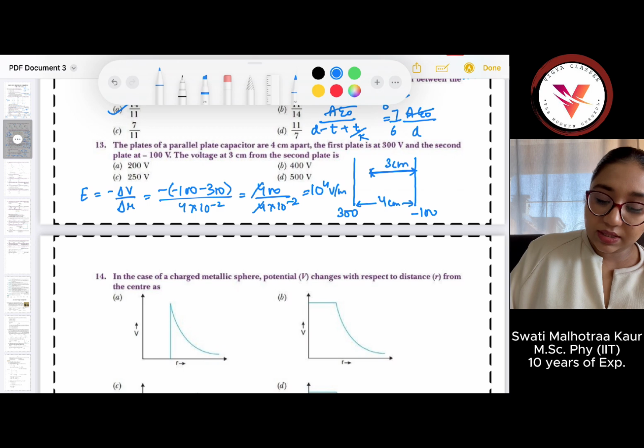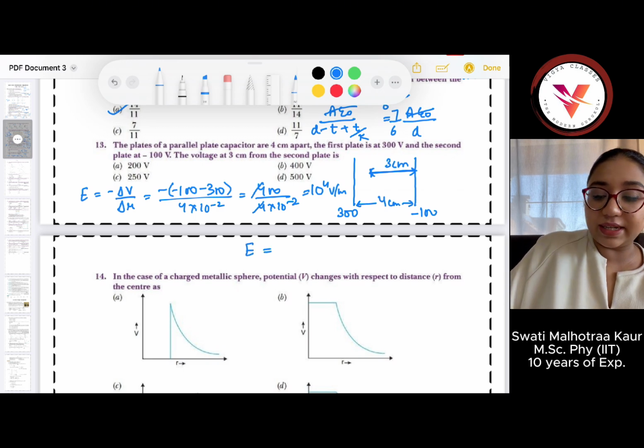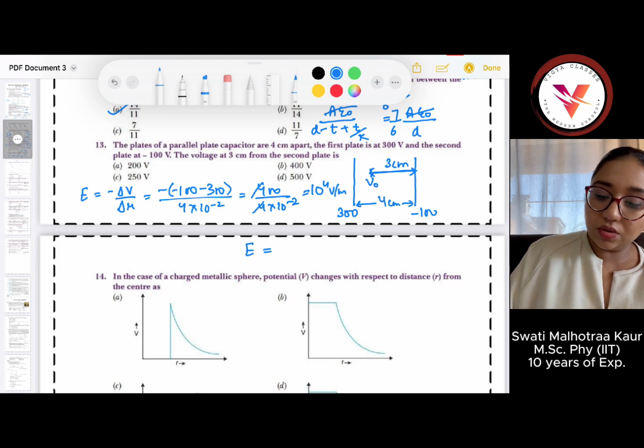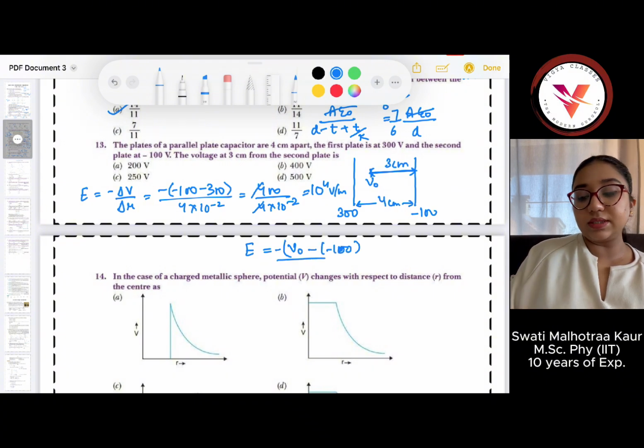So this E is also equal to, let's take this potential as V naught. It's V naught minus minus 100 upon the distance between them, that is 3 centimeter.